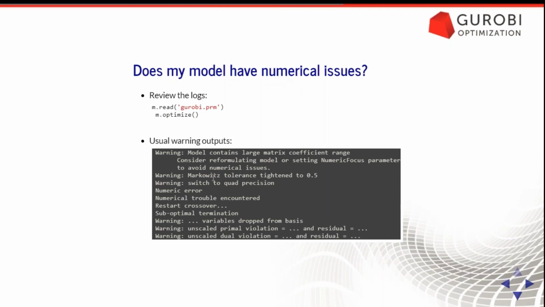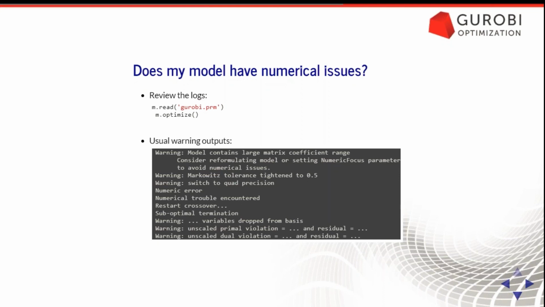For sure, if you see the warning switching to quad precision, it means that Gurobi couldn't manage by changing the algorithm, but had to try working in extended floating point precision. I talk a little bit about that later on. And of course, if you see numerical error or numerical trouble encountered, or if you see restart crossover, that means that now the barrier crossover is having issues with your model, and suboptimal termination is the same.